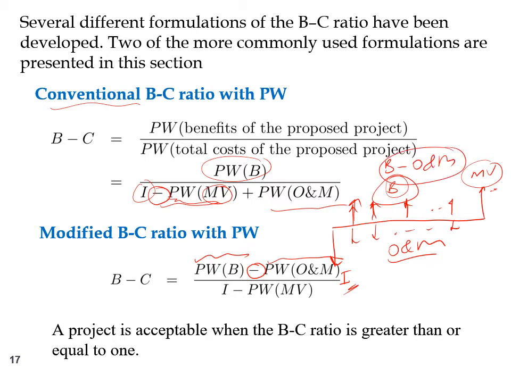And in the denominator, we have the investment minus the present worth of the market value. Okay, what happened? We just moved this operating and maintenance cost to the numerator as a negative. So these are the two formulations, conventional and modified BC ratios with present worth.